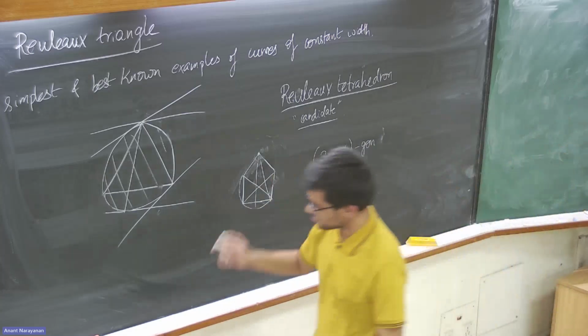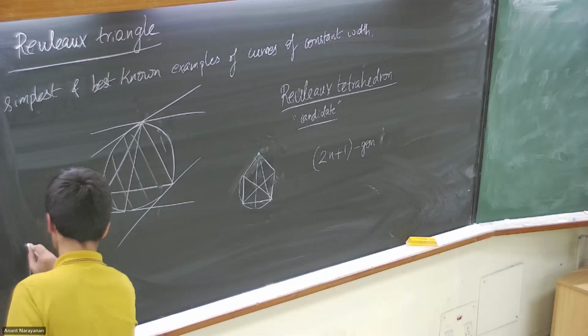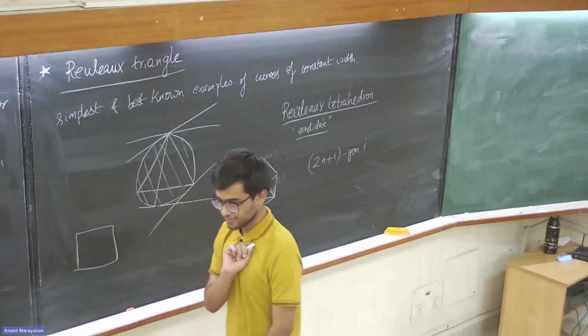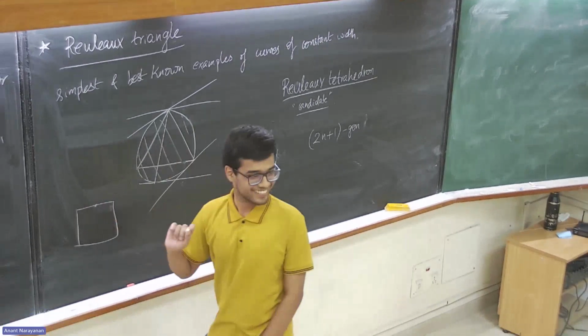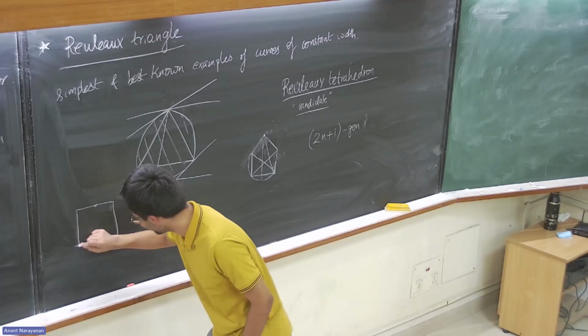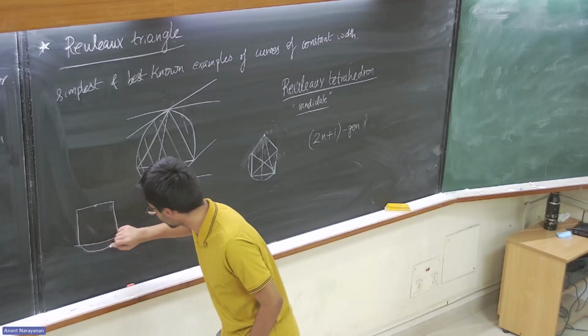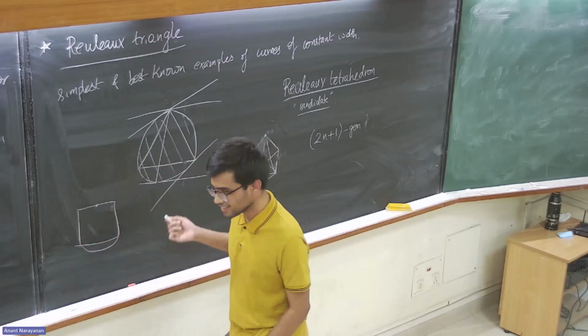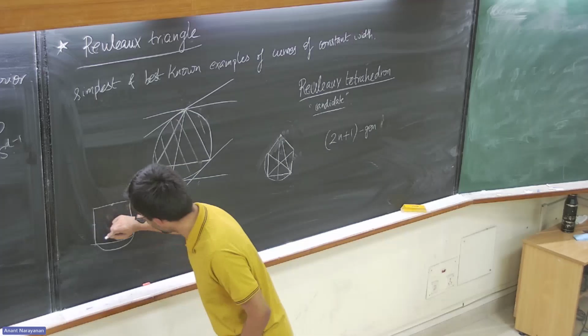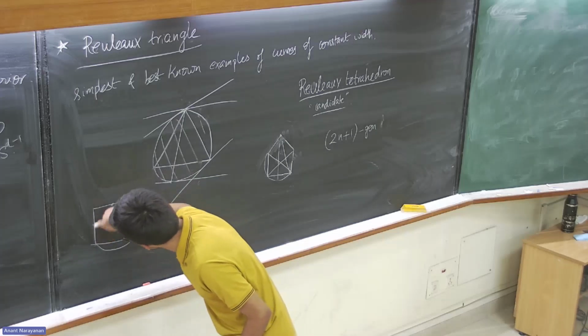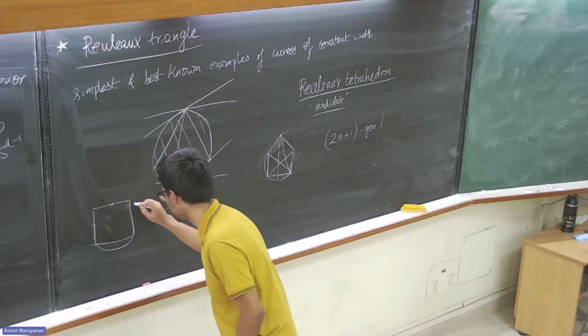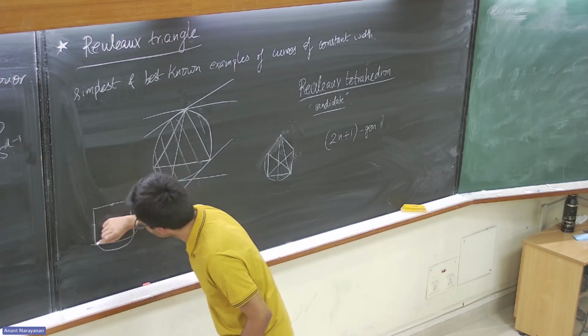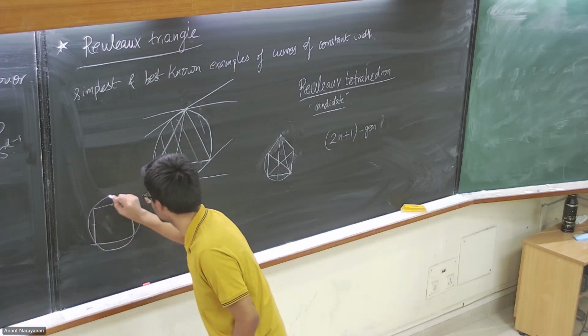Okay, let's try. Take the midpoint of one side. Now draw that. And you keep doing that step. Let's say for this particular case, you're taking this curve.